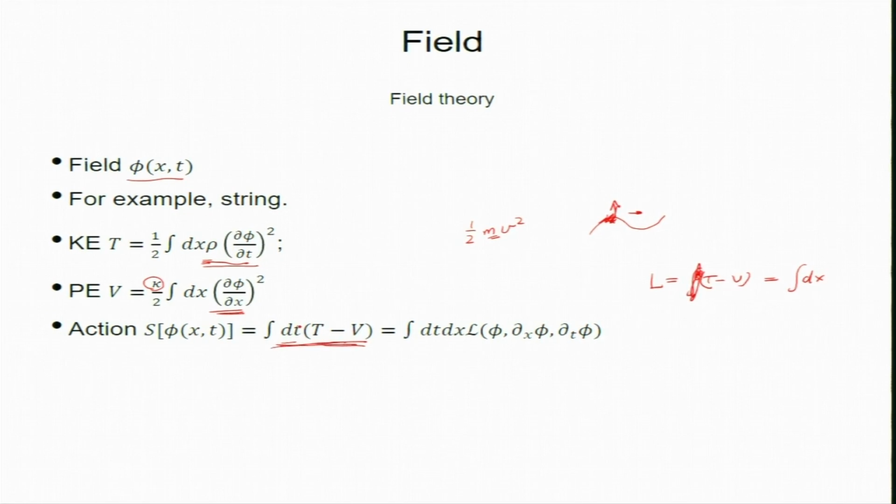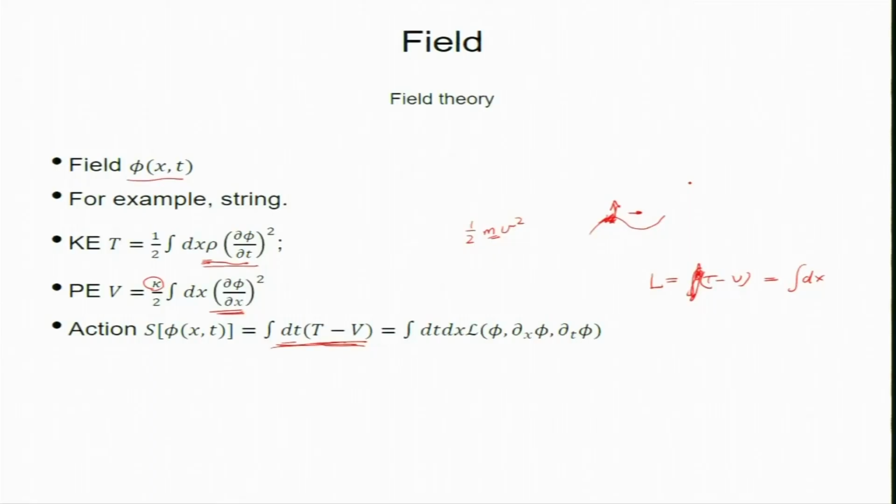Now, please keep in mind that for a particle we define the initial condition and final condition, right. Here, the initial condition will be the initial condition of the string. It could be starting like this with a certain velocity, okay. So, phi is 0, but it has a velocity as a starting point, or it could be like that, that is the initial condition, and the final condition is somewhere it goes to.